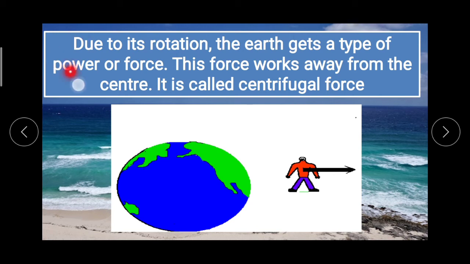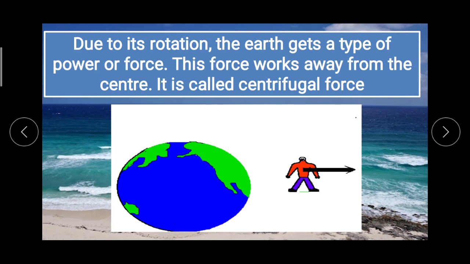Due to its rotation, the earth gets a type of force, and this force works away from the center. Then why don't we go away from the earth? If there is centrifugal force, there is gravitational force also, and this gravitational force is many times greater than the centrifugal force.